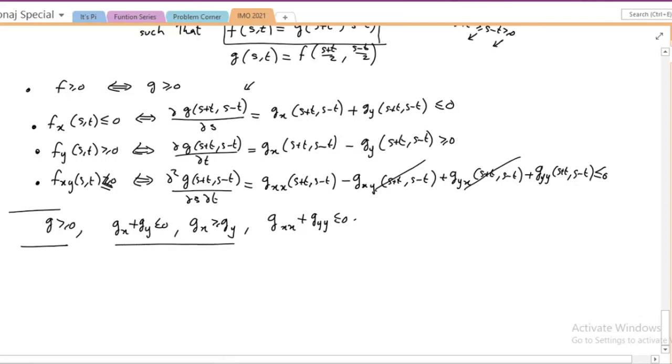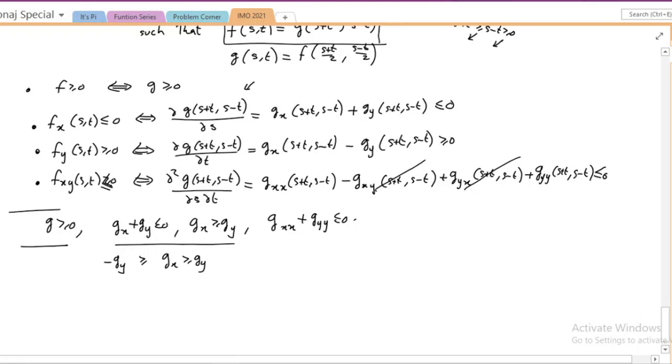From this we could actually combine these two into one inequality. This will create a bound on g_x, so that's g_x is greater than or equal to g_y but less than or equal to minus g_y. So this means minus g_y has to be greater than or equal to 0.